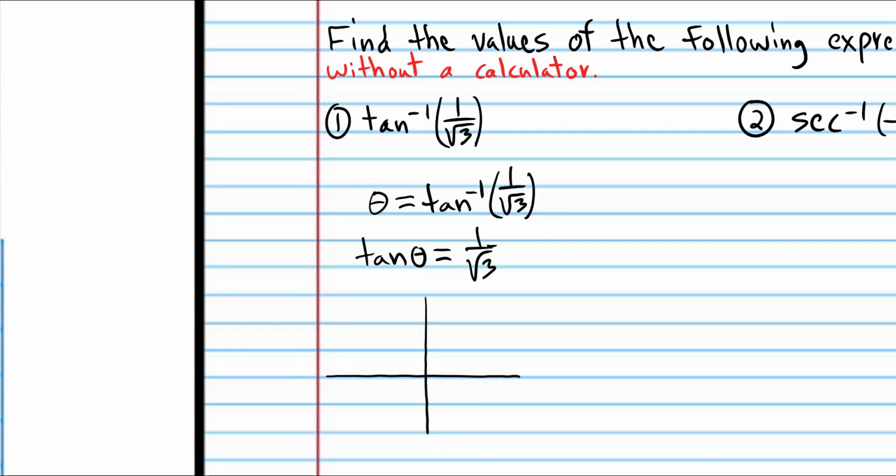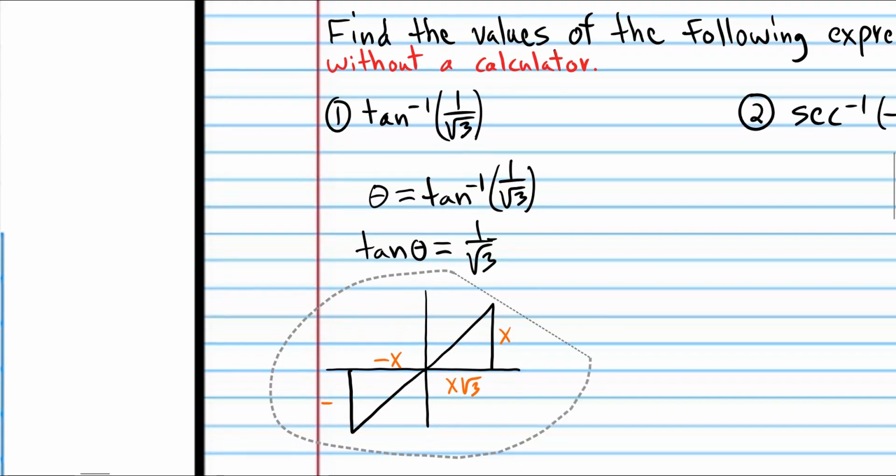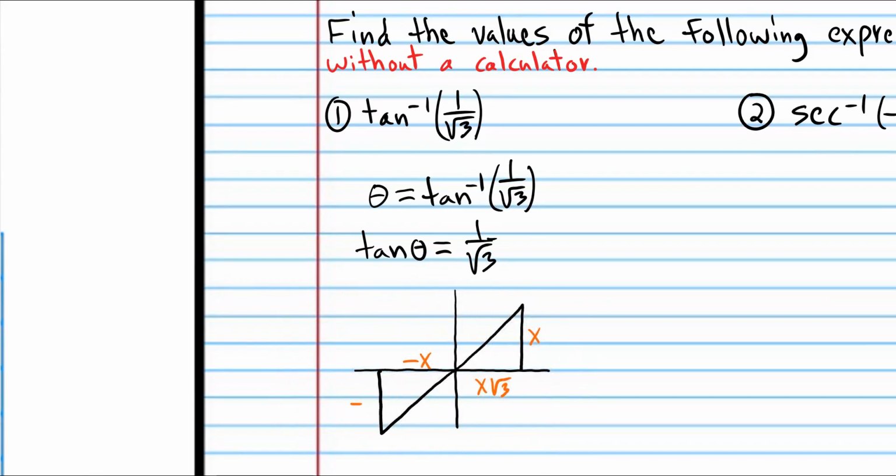In order to figure out what the theta values are going to be, we're going to draw our triangles in standard position. If tangent is positive, then the legs of the triangle both have to be positive, or they both have to be negative. And we recognize that ratio, opposite over adjacent, and our values will be negative if our triangle is in the third quadrant.